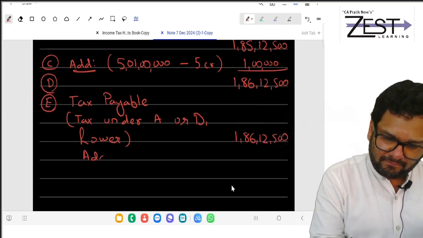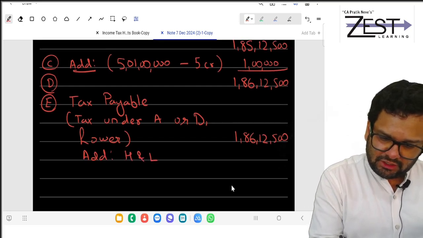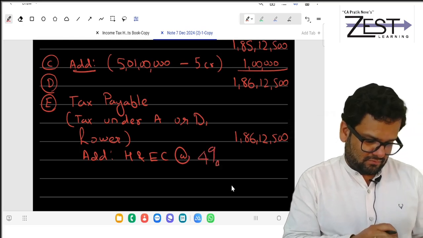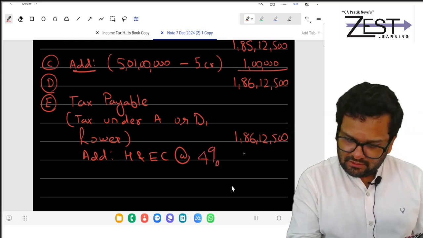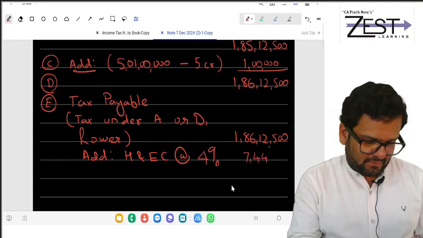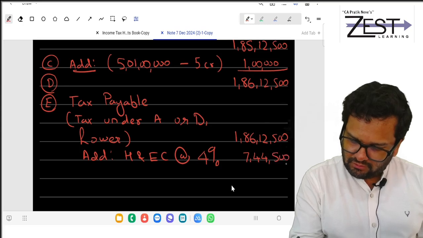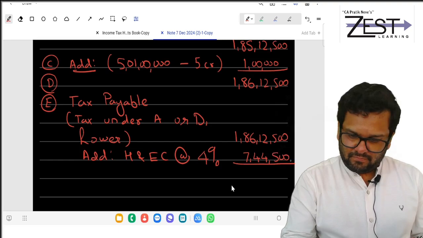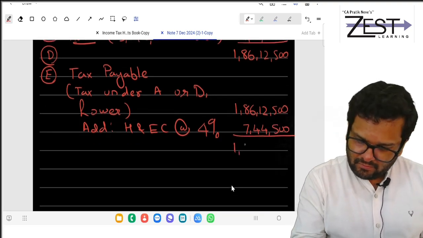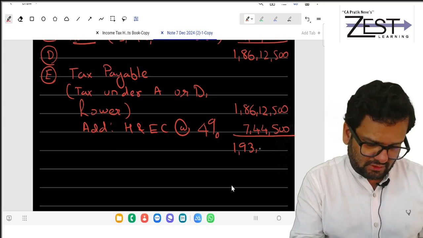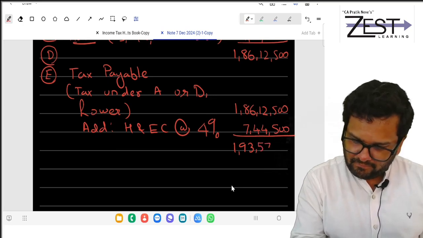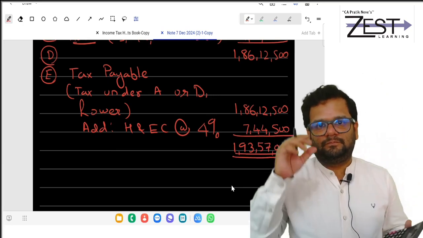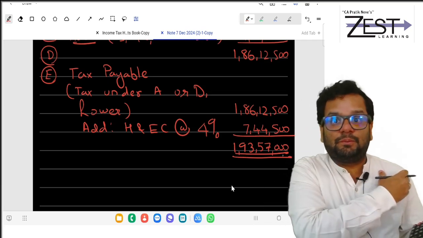Add health and education cess at 4%, is it 7,44,000? One crore 93 lakh. This much you will pay.